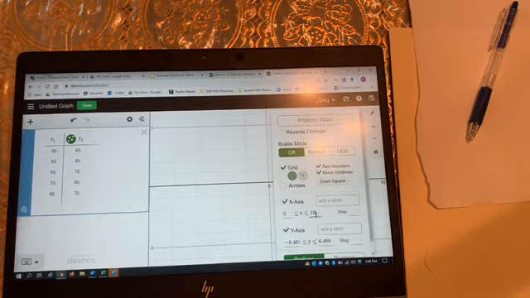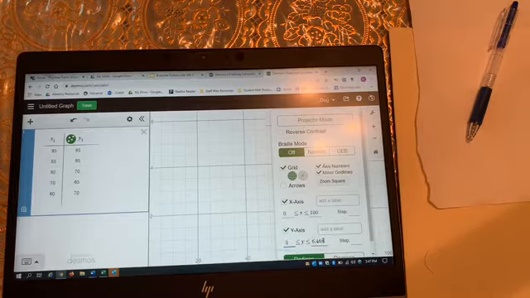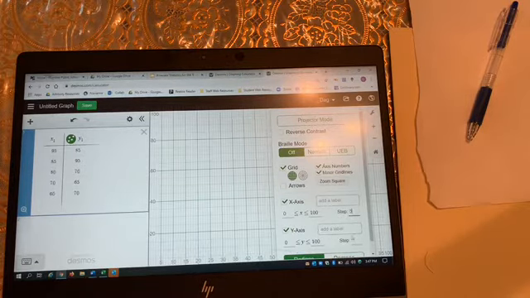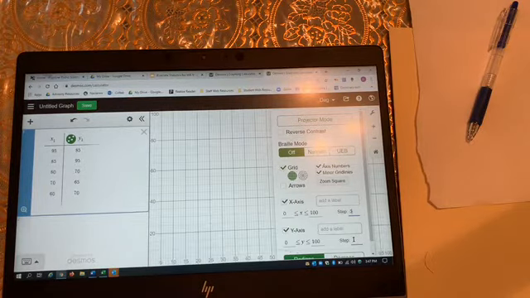I fix that in the settings. Let Y also go from 0 to 100, since those are the test scores. Once I do that, I can make the step 1 or 5, it doesn't matter. Let's say 5, so we put the unit 5 on the X axis, and also 5 for Y.